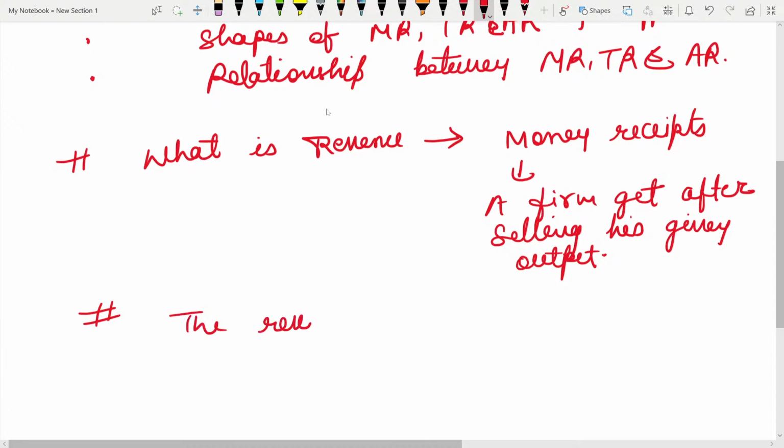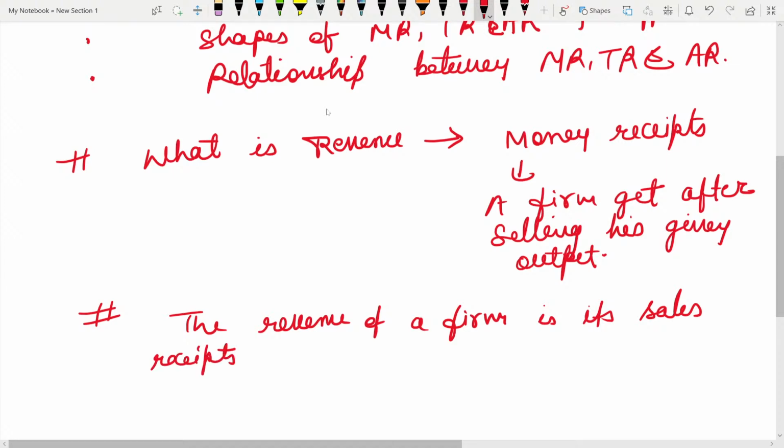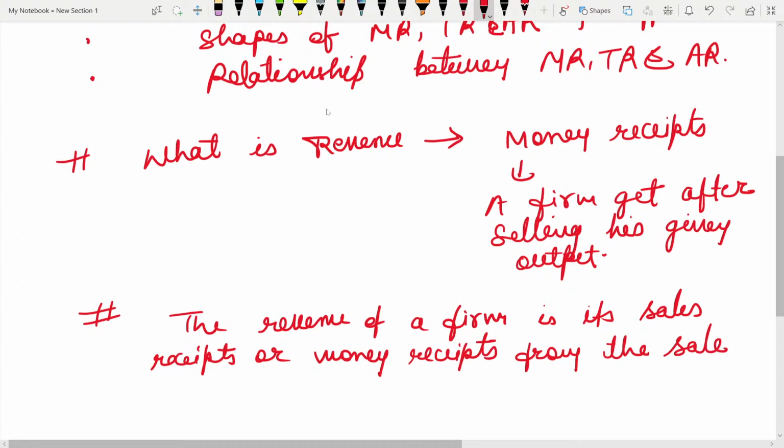The revenue of a firm is its sales receipts or money receipts from the sale of a product.